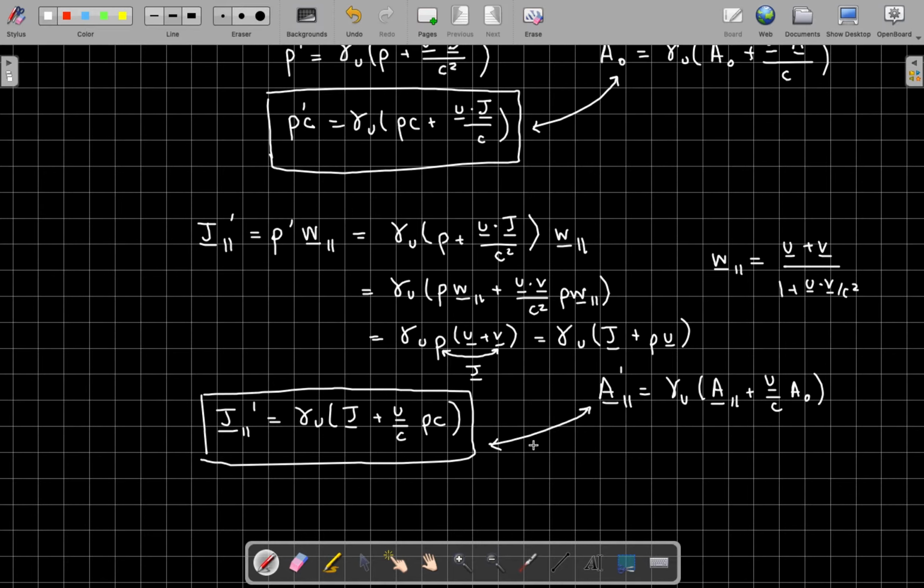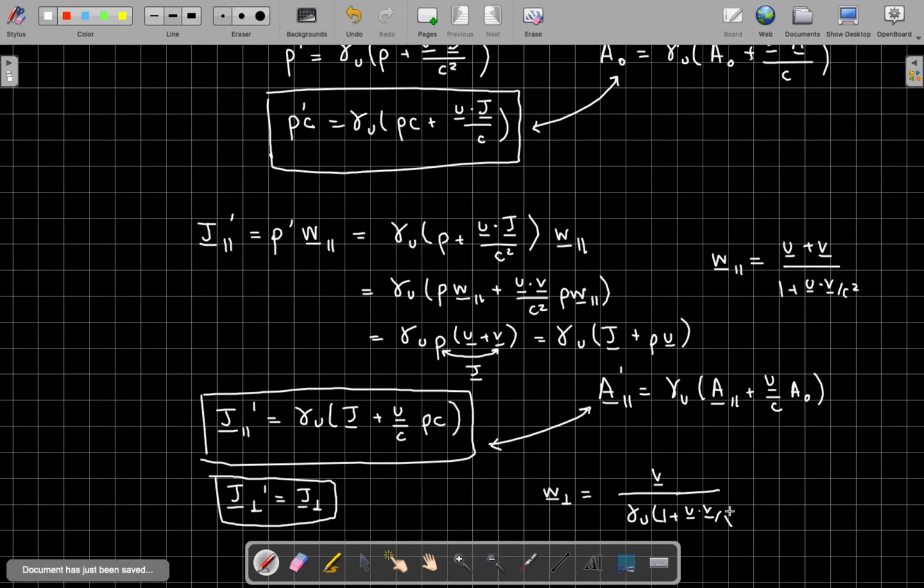Now, the derivation for the perpendicular component is very similar. I'll leave it to you, but you will easily find out that this happens. Just use the velocity addition rule that W perpendicular is equal to V over gamma U times 1 plus U dot V over C squared.